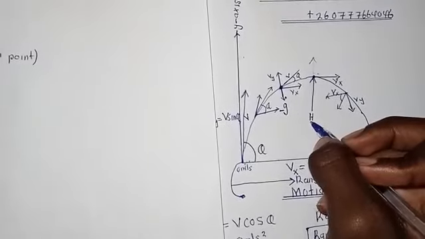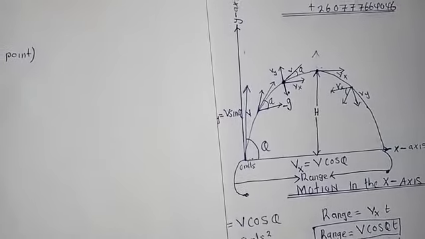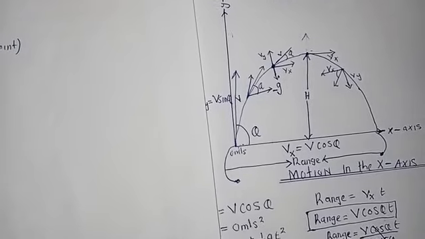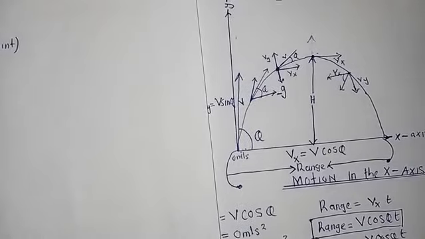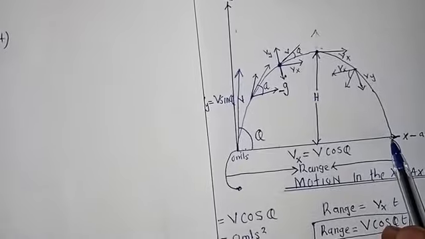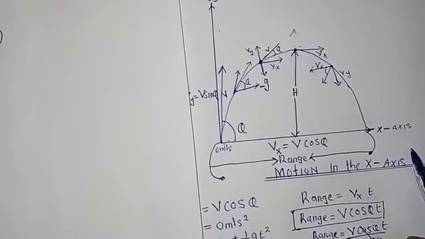Now, we know that if this is the maximum point, then automatically from here, this is the height. Okay, so this is going to happen to be our height up to this point. This is the height. Okay, so now from here, what else are we supposed to know? How about if the body moves from here and then it reaches this point? At this point, what happens to be the acceleration here? It is just the same as in the x.